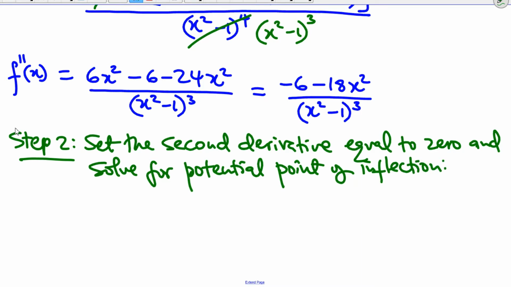So our second derivative here is negative 6 minus 18x squared over x squared minus 1 cubed.